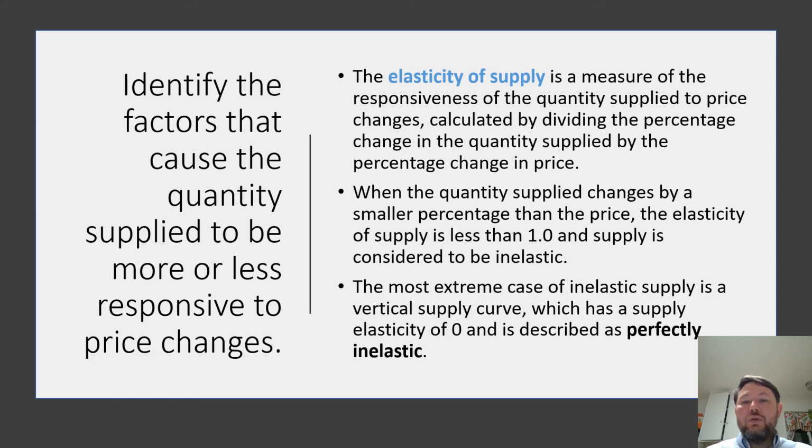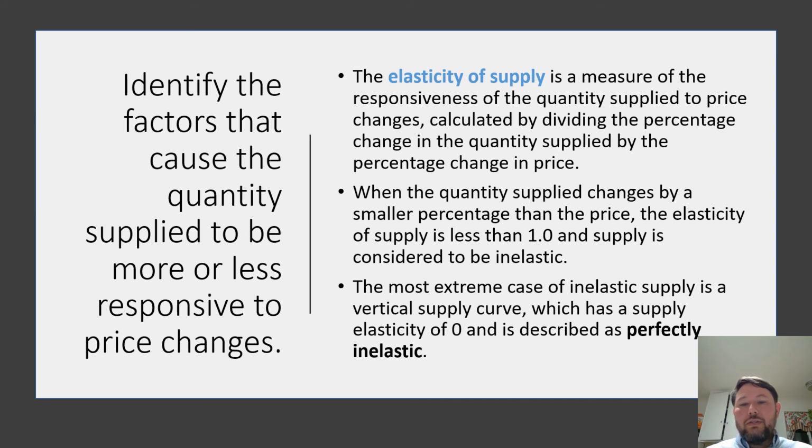We're going to use the same formula: percentage change in quantity supplied divided by the percentage change in price to come up with the value. Remember, we ended up with two ways in demand to determine elasticity: this percent change formula, and then total revenue. Here in elasticity of supply, we're going to start with this percent change formula.